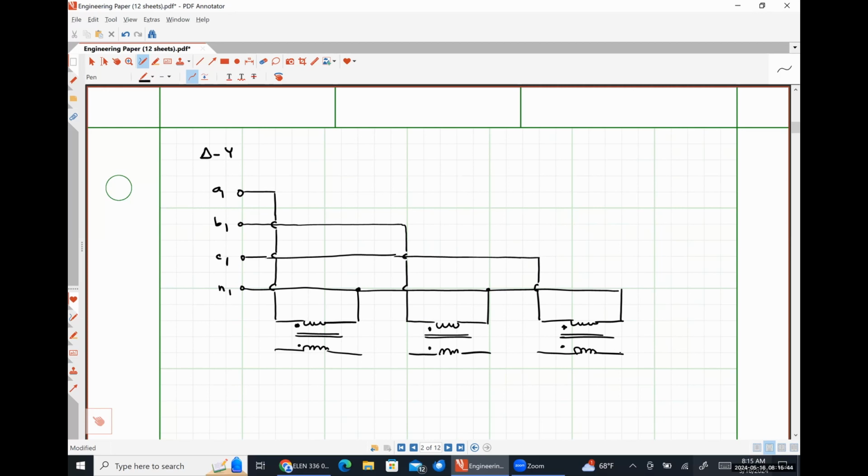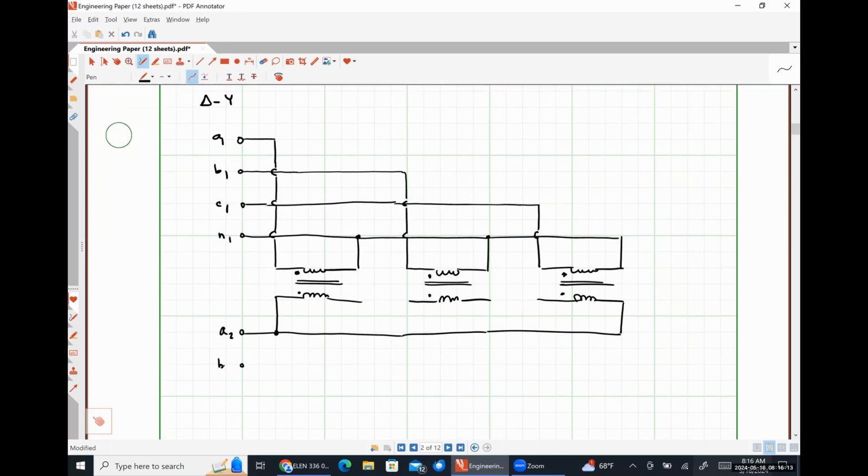So let's put the terminal A2 here. And so what I'm going to do is tie this A2 terminal over to here. And I'm also going to tie this leg of this coil to that same node.